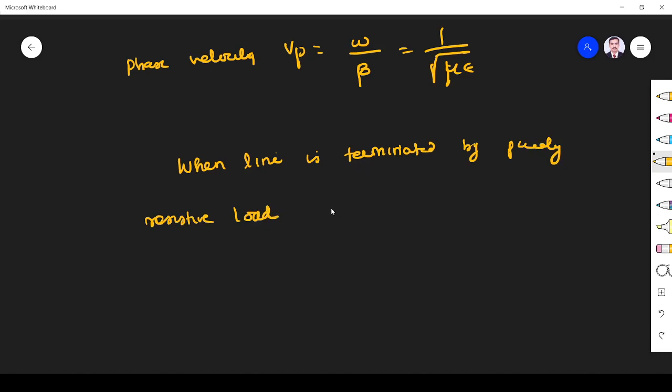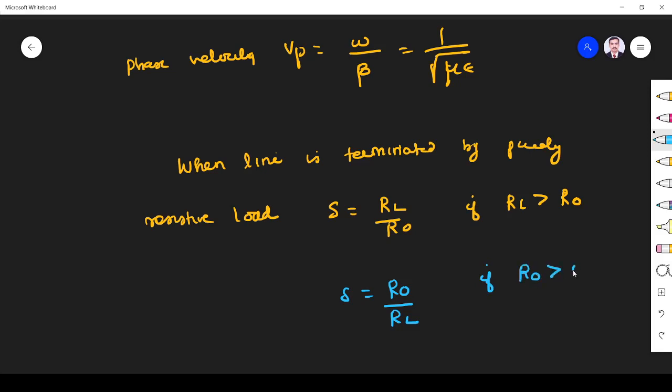VSWR is equal to RL by R naught if RL is greater than R naught. Similarly, VSWR is equal to R naught by RL if R naught is greater than RL.